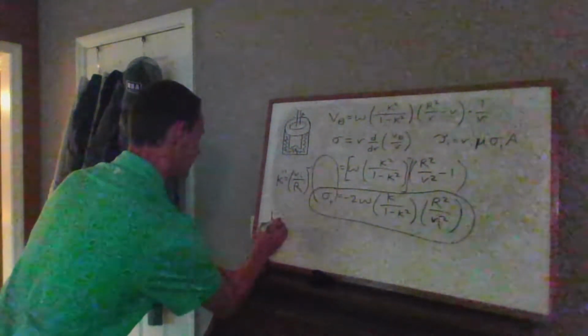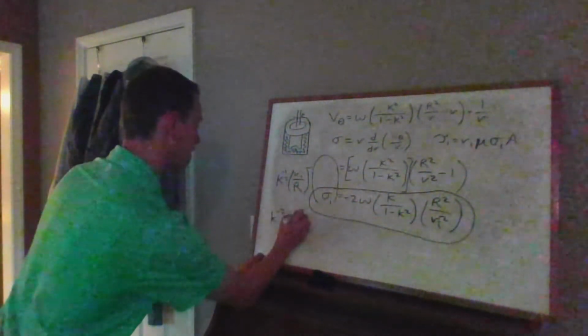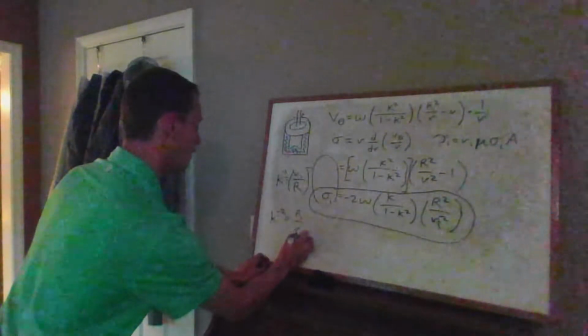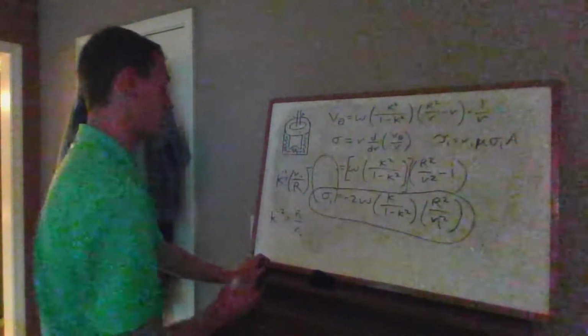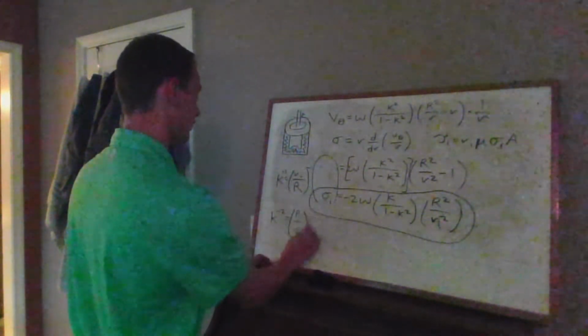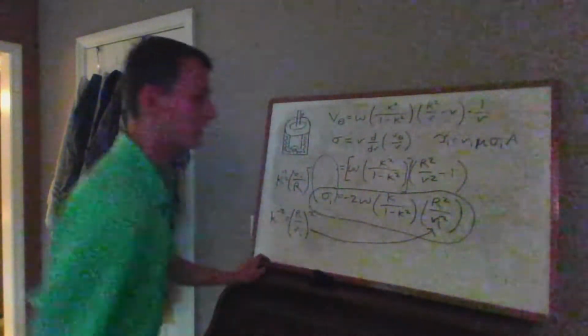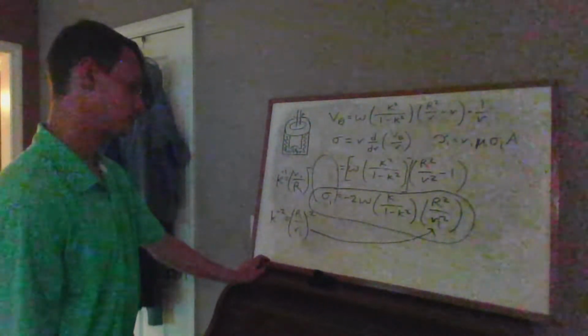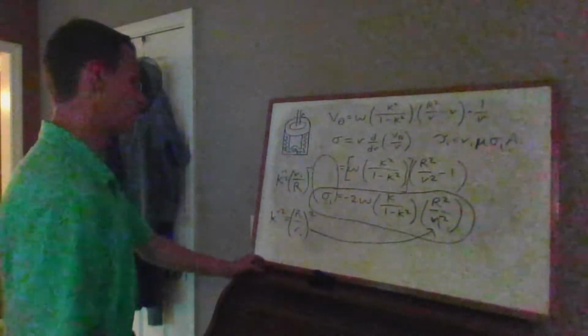So if we took k to the negative second, we would flip this fraction, it would be r over ri, the radius of the outer cylinder over the radius of the inner cylinder, and again it's to the negative second, so this would be squared. That's the same thing we have here, okay? So that's fantastic, right? What does that mean for us?